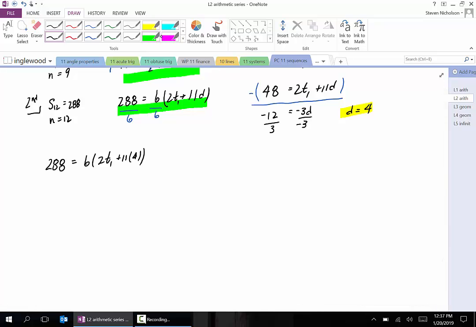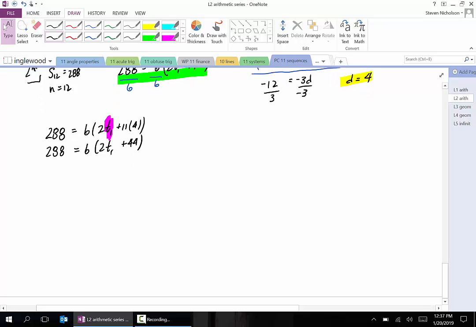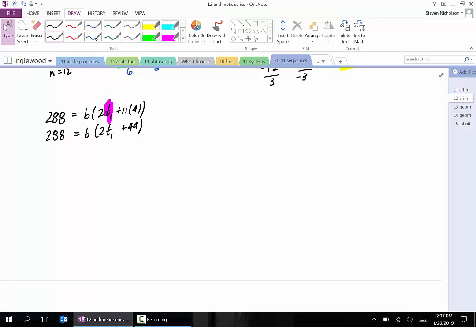And again, what I want you to notice now is there is only one unknown, and I can go ahead and solve. Let me do everything in order. First thing I'm going to do is simplify. Then I'm going to divide both sides by 6.